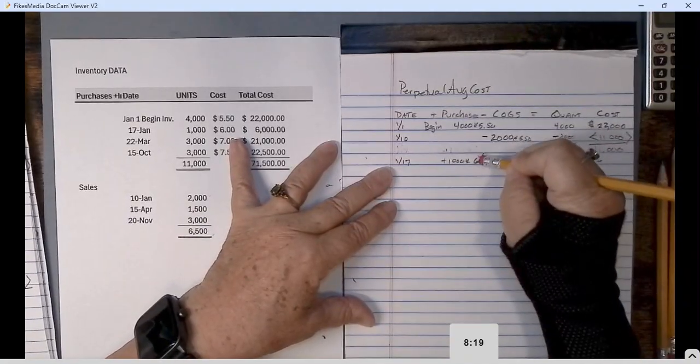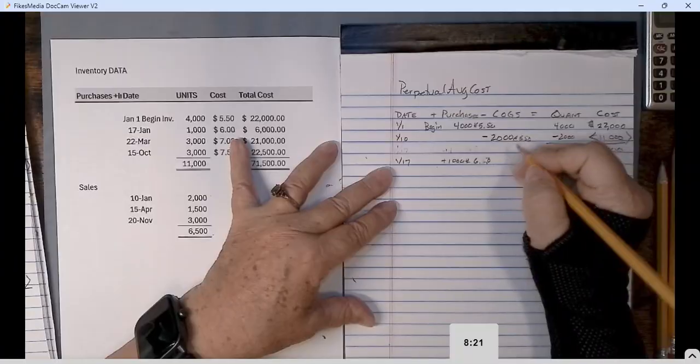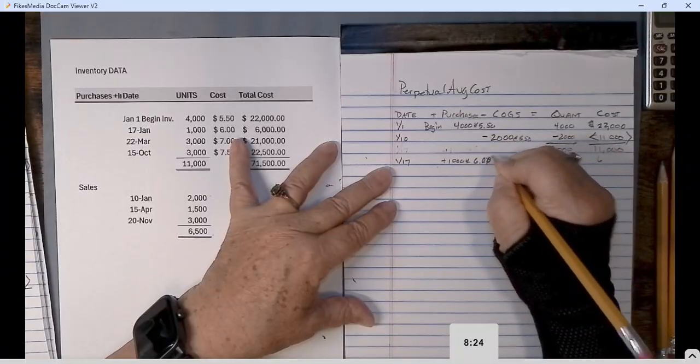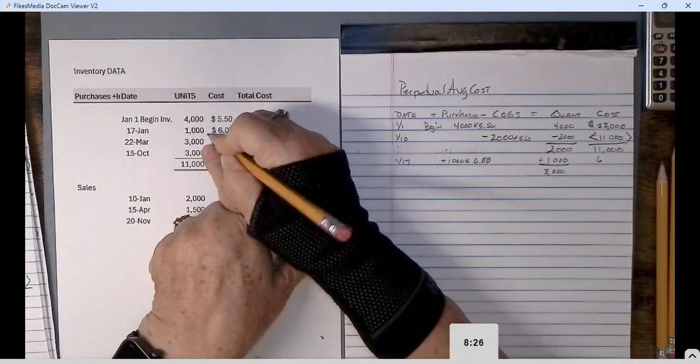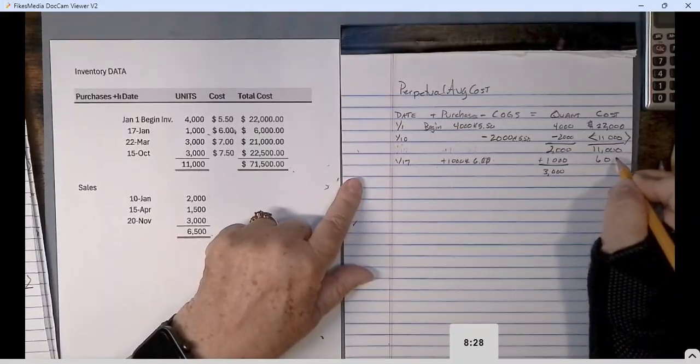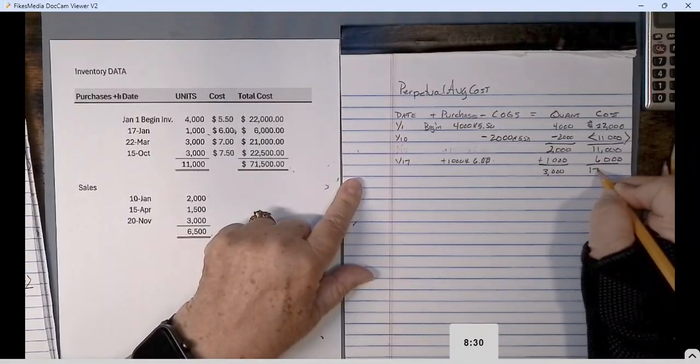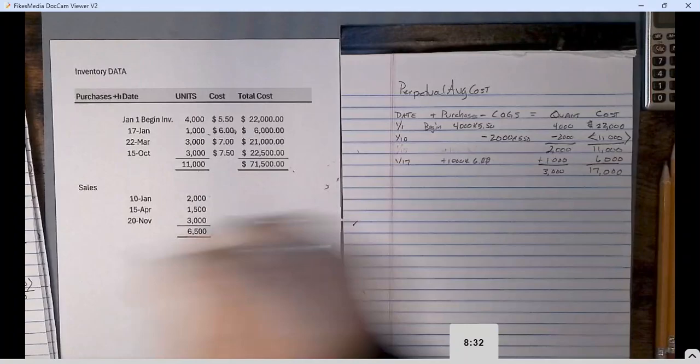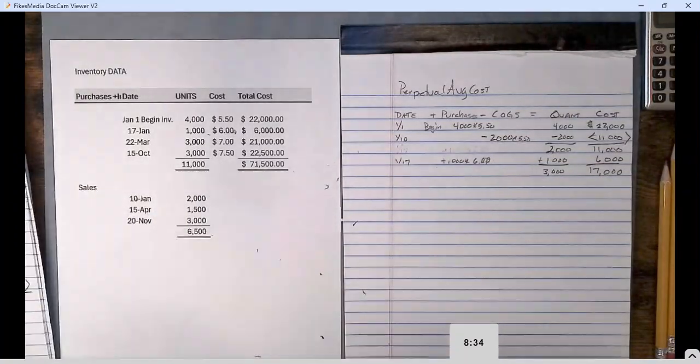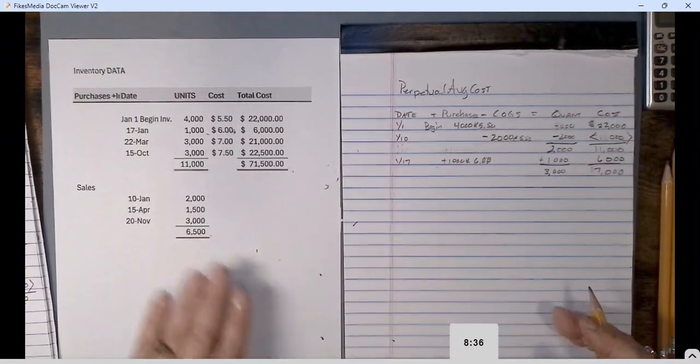January 17th was $6. 1,000 at $6 equals 6,000.